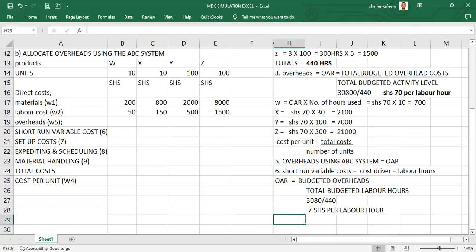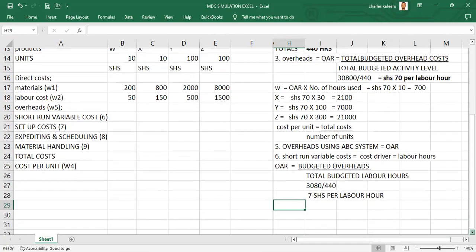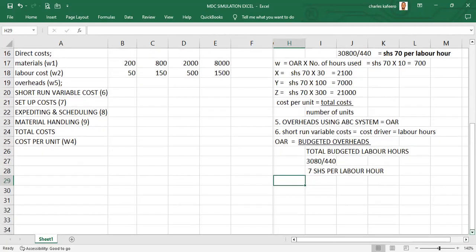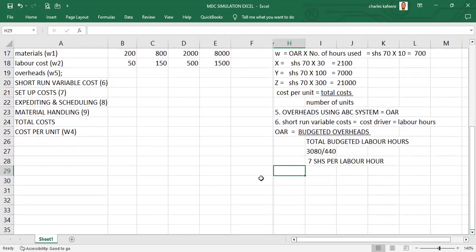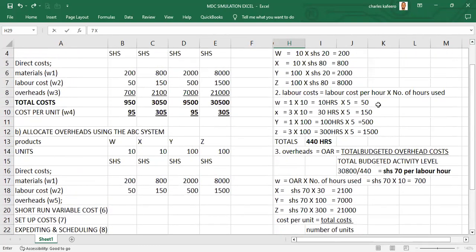So for us to get what we've spent for all the products, we take the 7 shillings and multiply that by the number of hours. Remember, the number of hours we computed from up here.